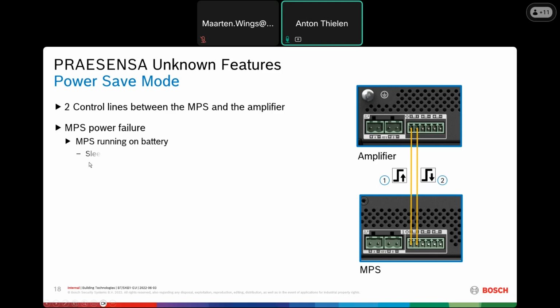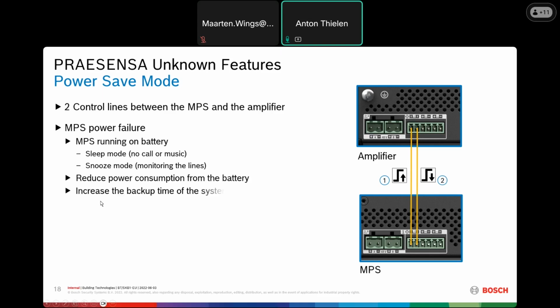So either it is running on battery with sleep or snooze mode, to reduce the power consumption from the battery mainly, to increase the backup time of the system. That's the case of an MPS power failure where you use this power save mode. The other way is that you really use the power save mode contact. That means you still have mains, but you can bring the system into a sleep mode when no call or music is active on the amplifier.